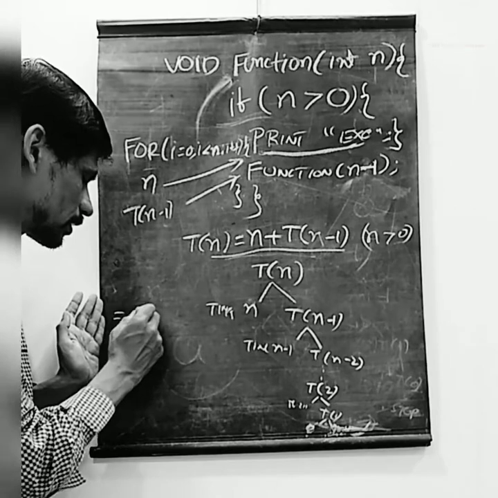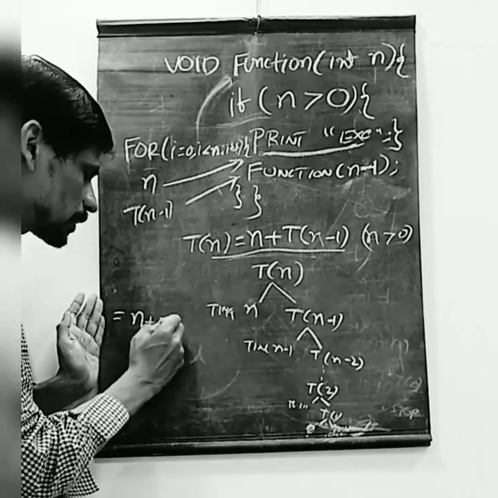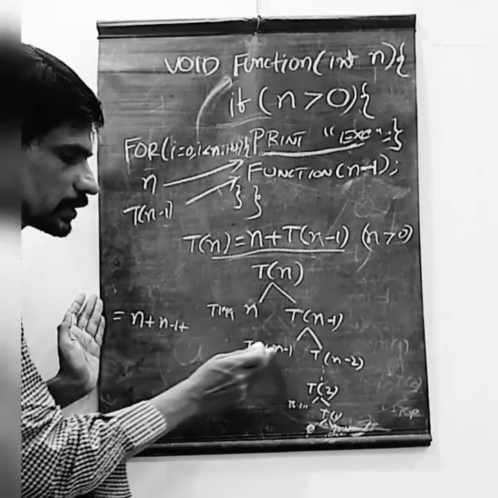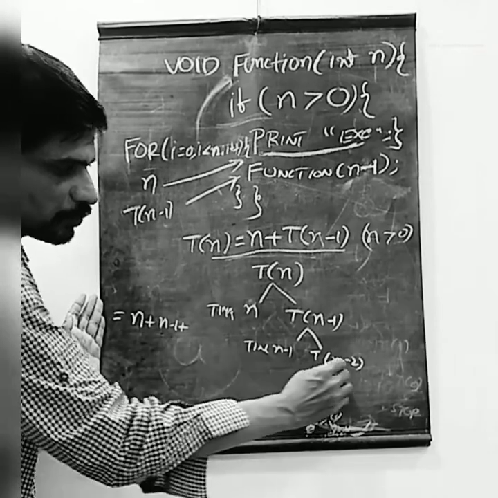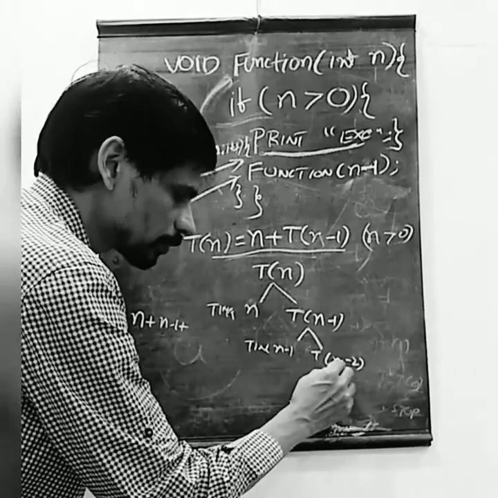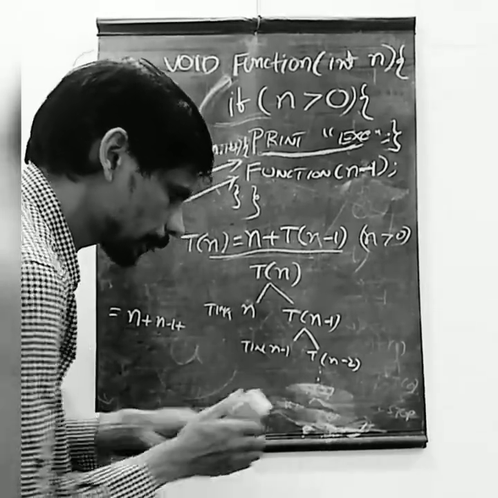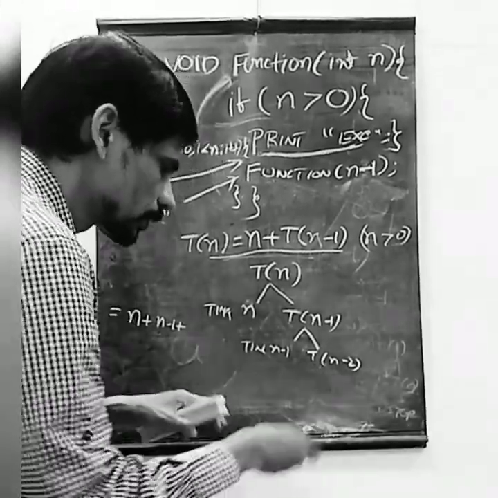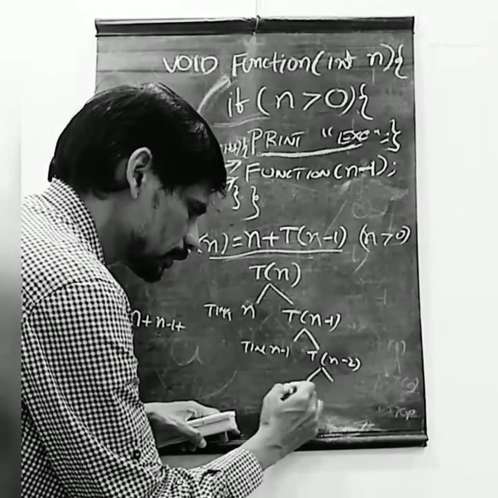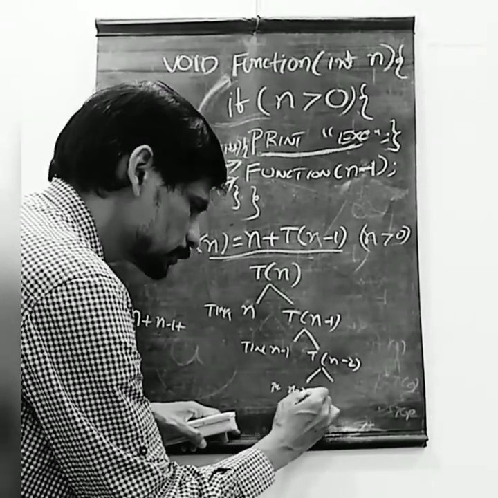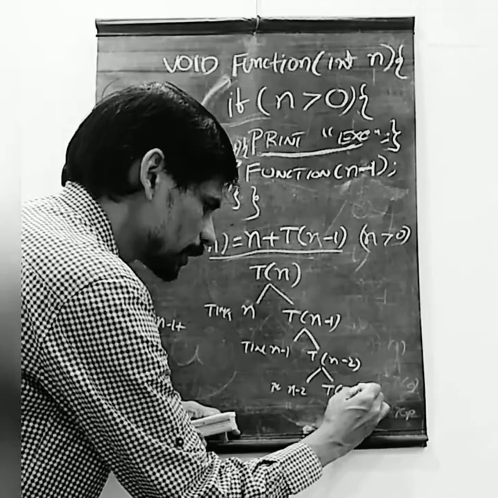We will get n, plus n minus 1, plus n minus 2. For our understanding, it goes n minus 2 times, and n minus 3.